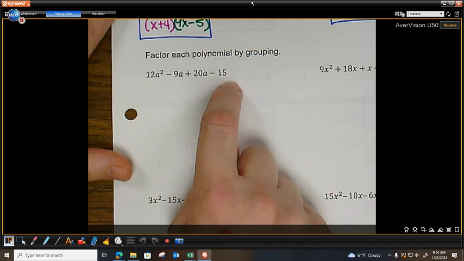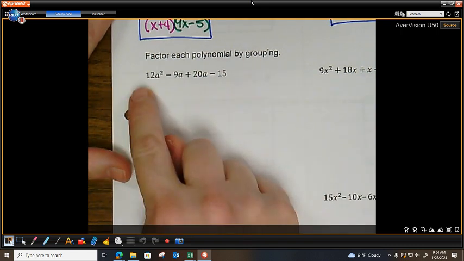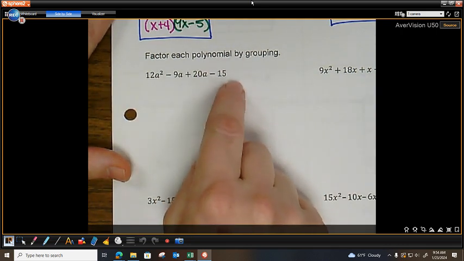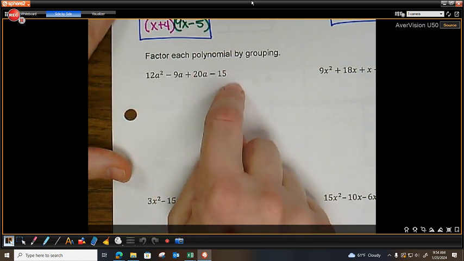Okay, so we're learning a new method, factor by grouping. In order to factor by grouping, you need 4 terms. 1, 2, 3, 4 terms. You need to be in order. A squared, a, constant. Remember last unit I told you when you were writing your terms, I wanted you to get in the habit of going big exponent down to small exponent, but I didn't really care.